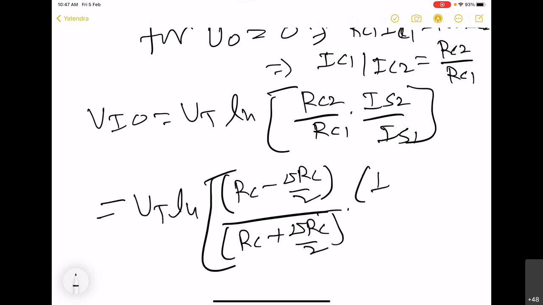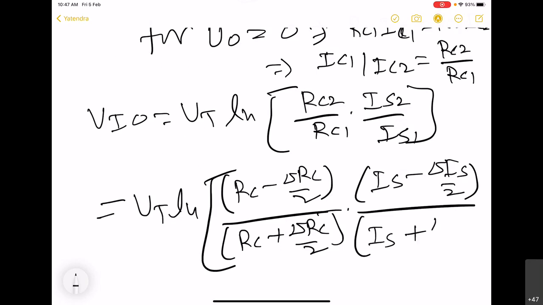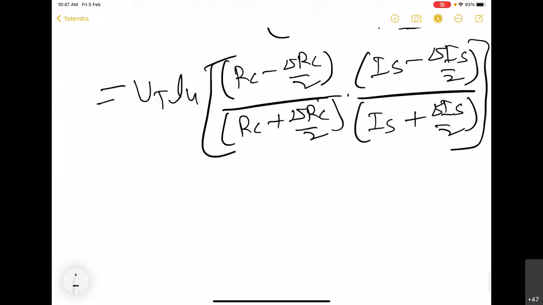Similarly, IS minus delta IS by 2 divided by IS plus delta IS by 2. So now we will do the approximation and convert everything in the form of numerator quantities only.